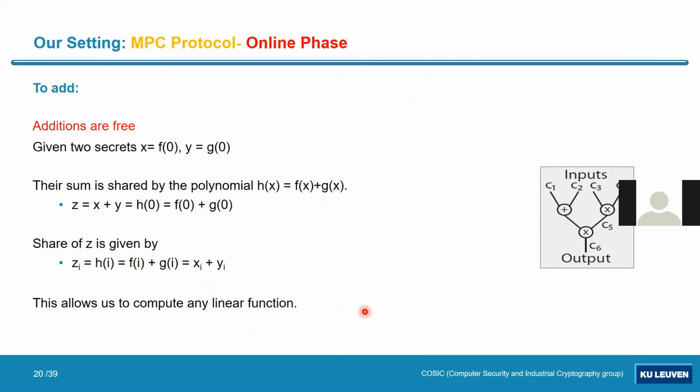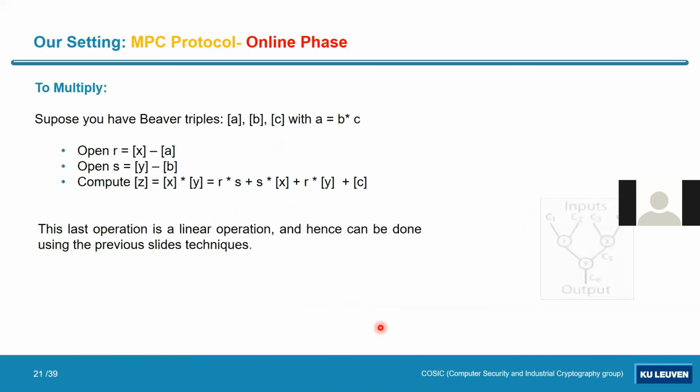For example, if a party wants to have a share of x plus y, she can take her share from x and her share from y and add them together. So we do not need any communication, and with this technique we can compute any linear function.